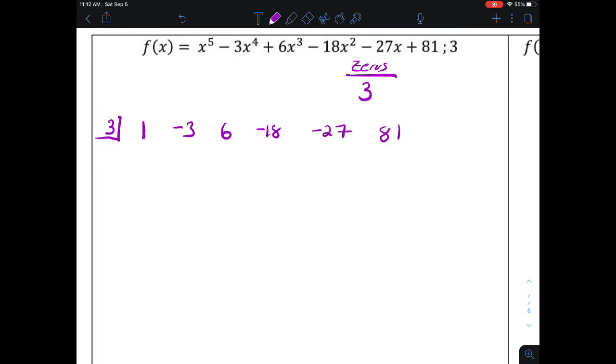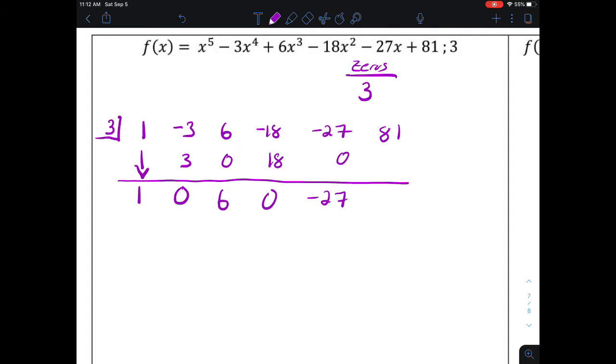And I'm going to do division, see what I get. Now, because I know that's a zero, I better end up with 0 as my last number for my remainder. And I do, so that's good. That means basically all we've done is confirmed that x equals 3 is a zero.